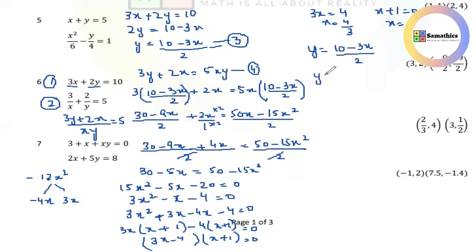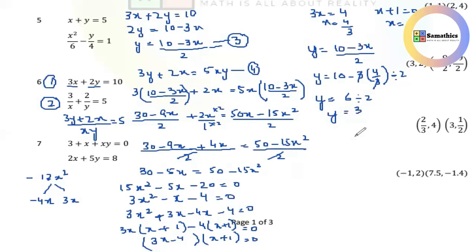So if we write it, instead of writing in fraction, 4 upon 3 and then divided by 2, it will be easy to solve. Y is equal to 10 minus 3 into 4 upon 3, and 3 and 3 will be cancelled out. So 10 minus 4 is 6. 6 divided by 2 is 3. So y is equal to 3.